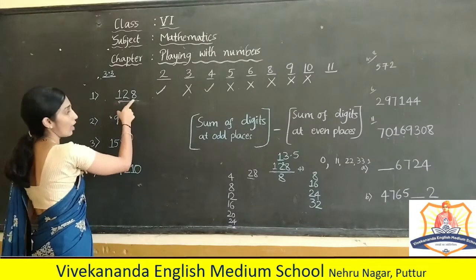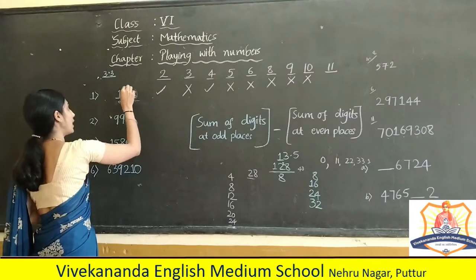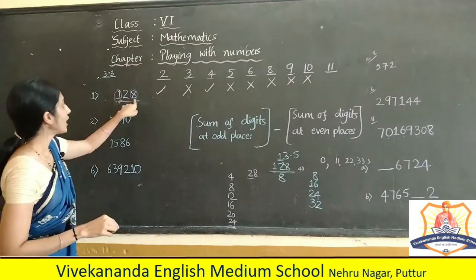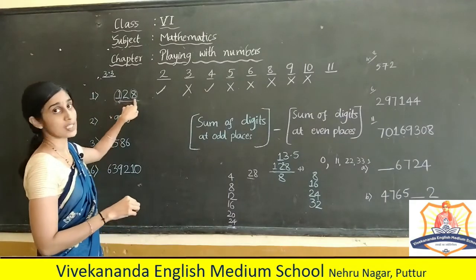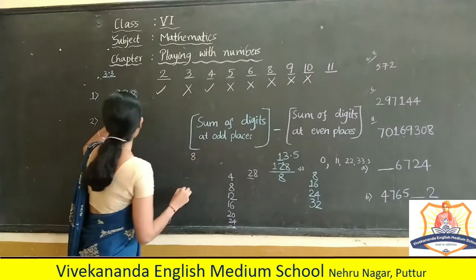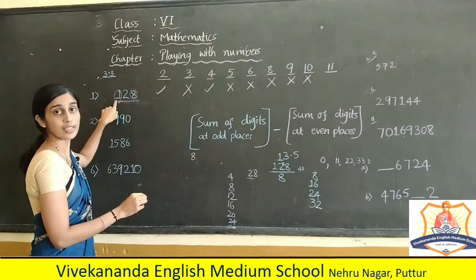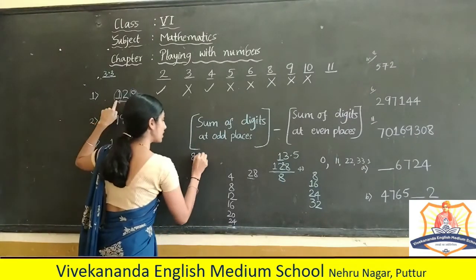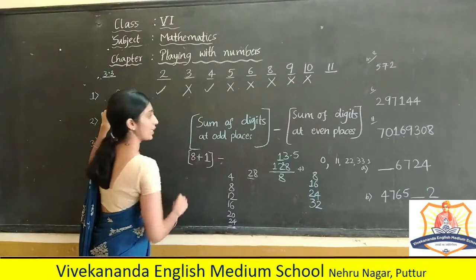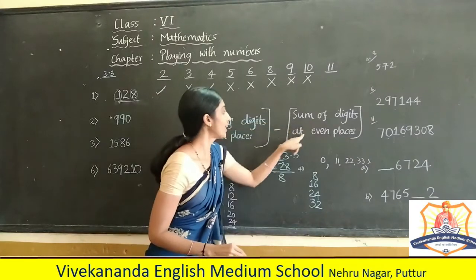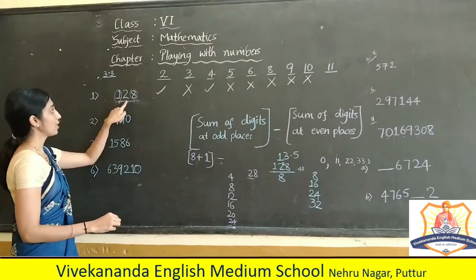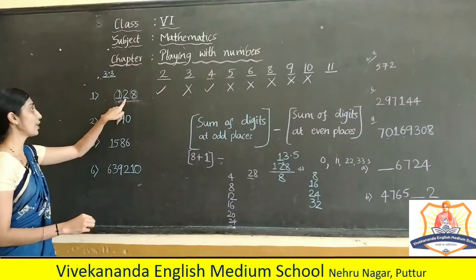Here this is the odd place. The next odd place is this one. What is the digit in the odd place here? 8. The next digit in the odd place is 1, minus the sum of digits at even places. This is the first even place.